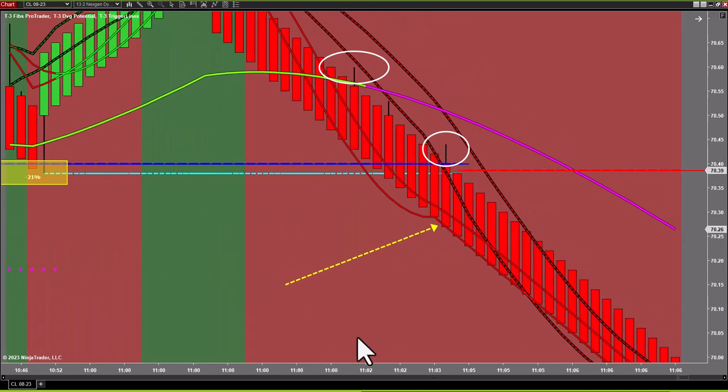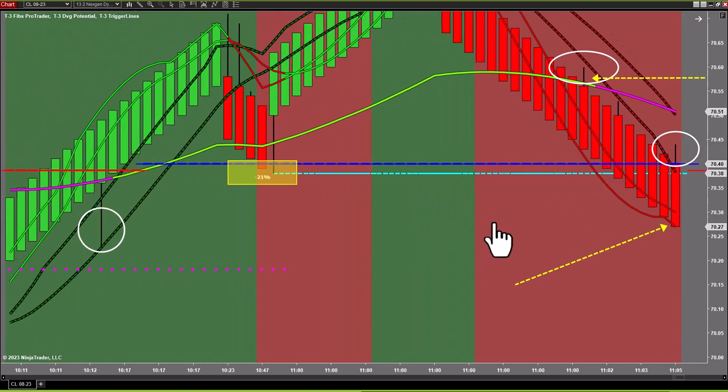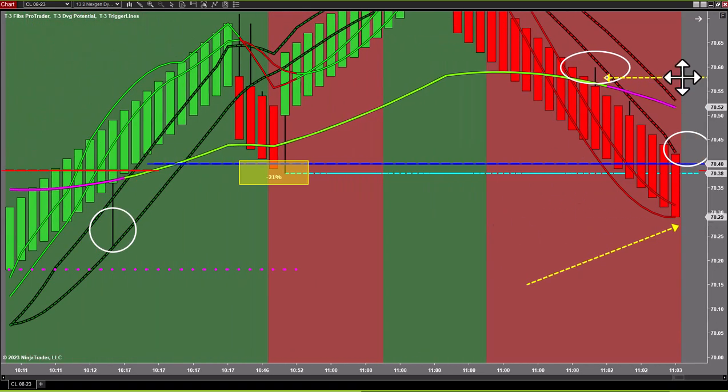How much money do you want to make in a day? Just a ballpark number. Give me a number. How much money do you want to make in a day? $1,000? Okay. So if you went short right there, let's look at the price. We'll call it 57. And you got out at 37.